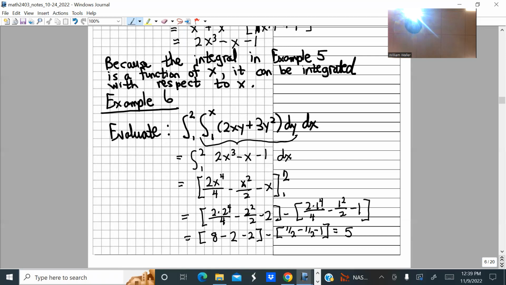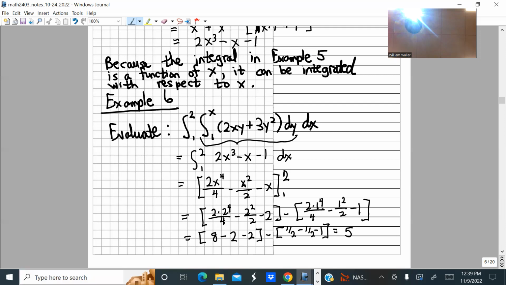So what this double or iterated integral means is we first compute that inside definite integral, but as we have dy here, we're thinking of y as being variable, so we're thinking of x as being a constant, right?